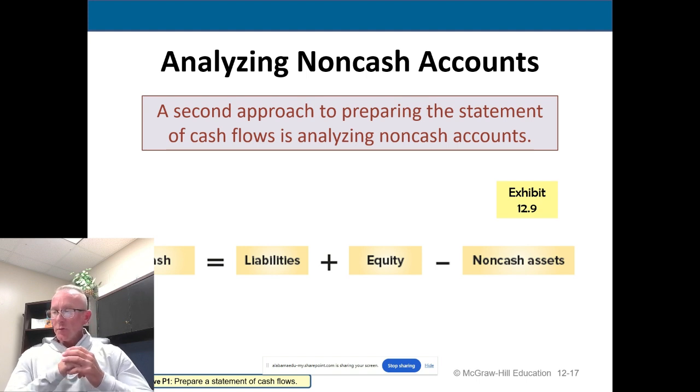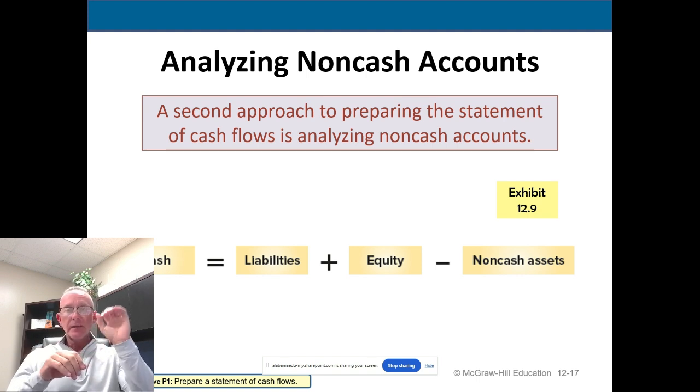So here's the second approach. This is the actual GAAP-based approach to preparing the statement of cash flows, and it analyzes non-cash accounts and draws on the double entry accounting that we've already been doing. It affects every account. So when I write a check, it affects both sides.